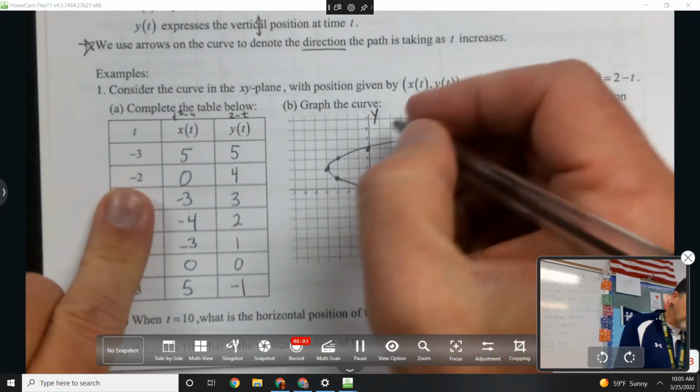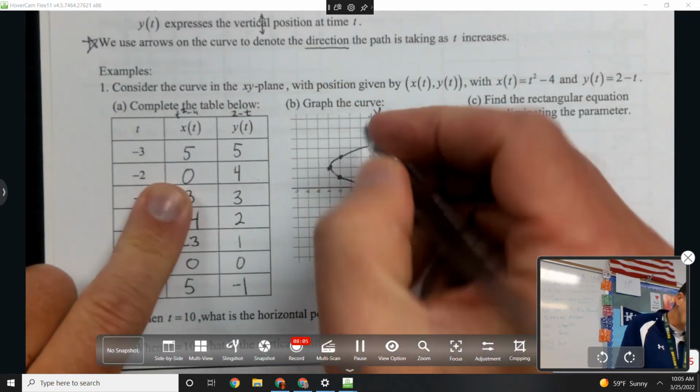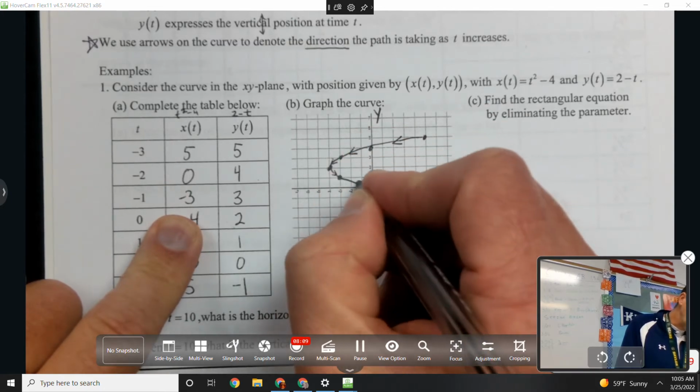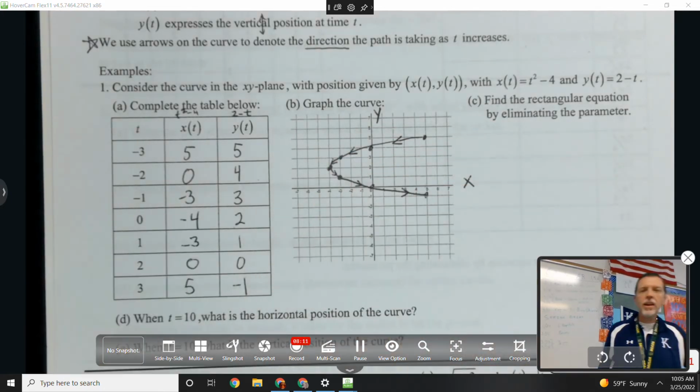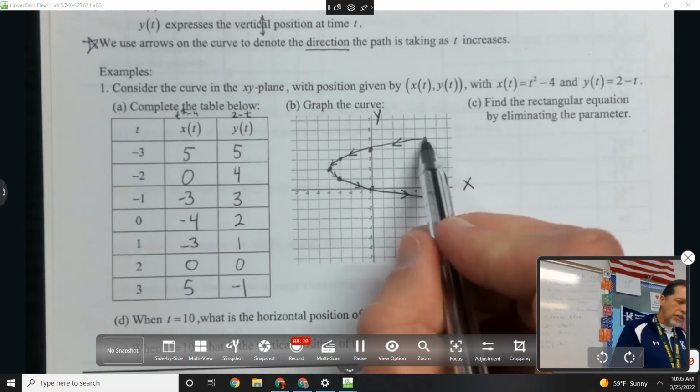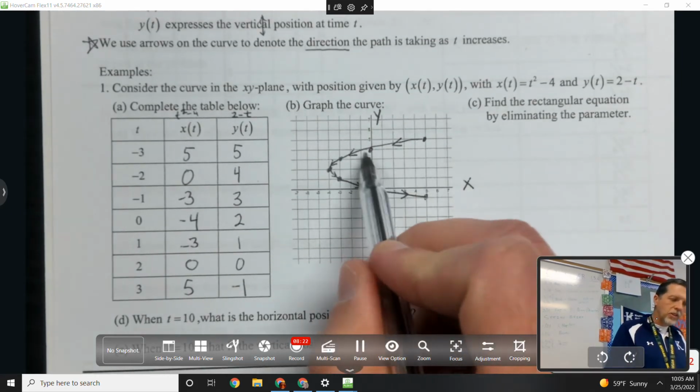It started at 5, 5, then went to 0, 4, then to -3, 3, and so on. You don't need an arrow between every spot, that's overkill. But for the first one, that emphasizes that we started up here when t was -3, and then t was -2, and so on.